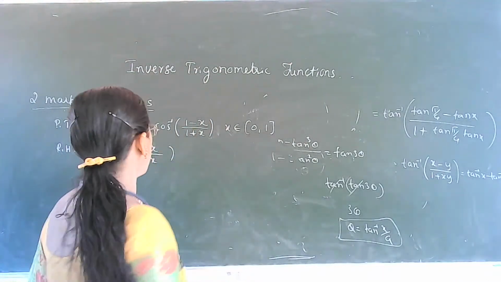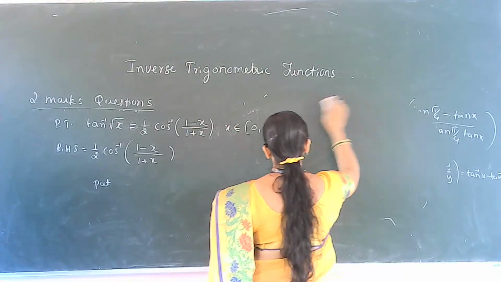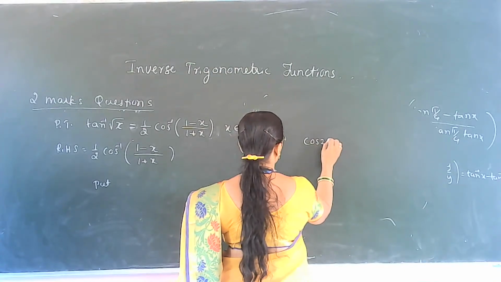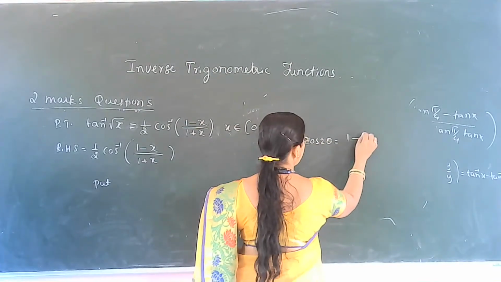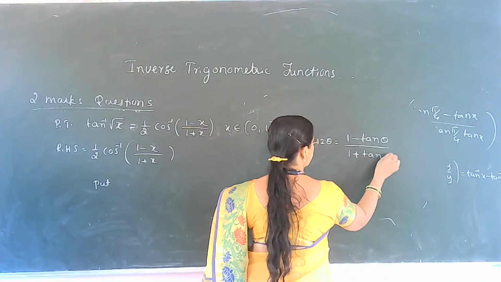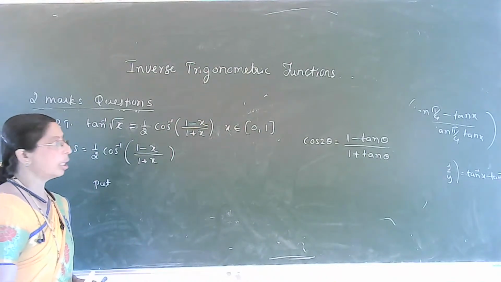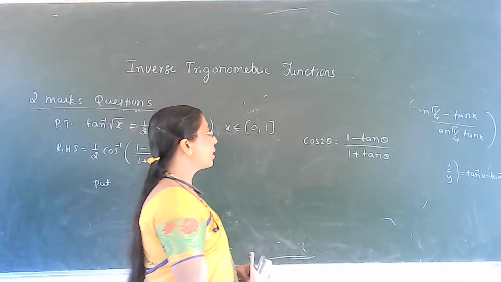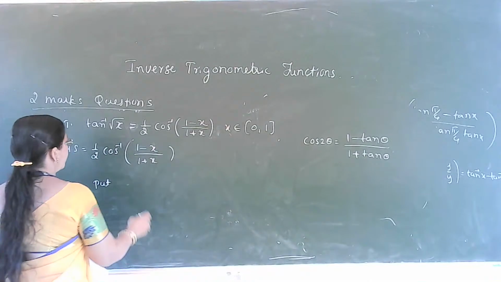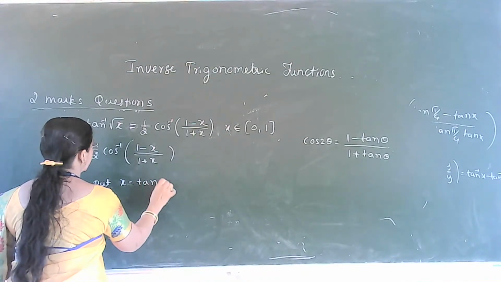You already know the identity of cos 2 theta is equal to (1 minus tan theta) divided by (1 plus tan theta). Cos 2 theta in terms of tan theta, we get (1 minus tan theta) divided by (1 plus tan theta). Here we get this by putting x equal to tan theta.